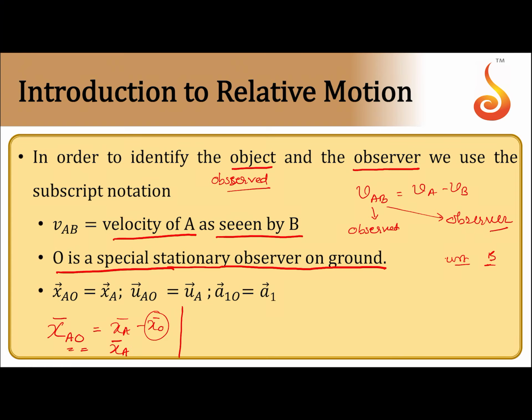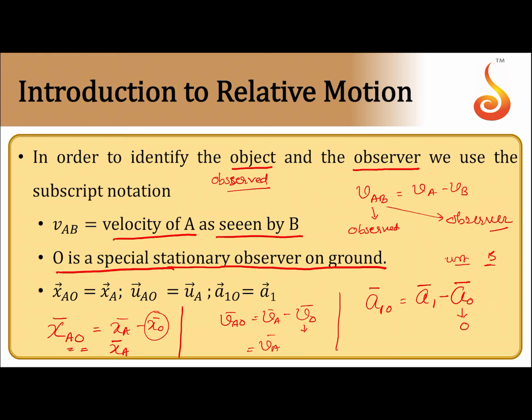Likewise, velocity of A with respect to O is velocity of A minus velocity of ground observer, which is 0. Ground observer means he is stationary. So, UA. Or if we consider the acceleration of the body 1 with respect to stationary observer, it is acceleration of the object 1 minus acceleration of the stationary observer.